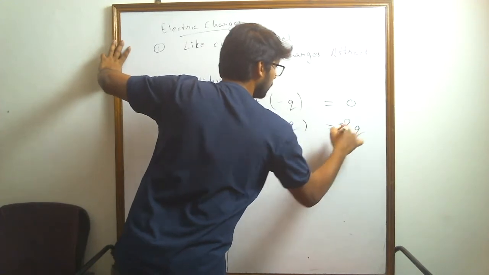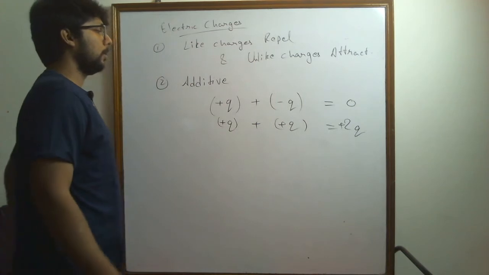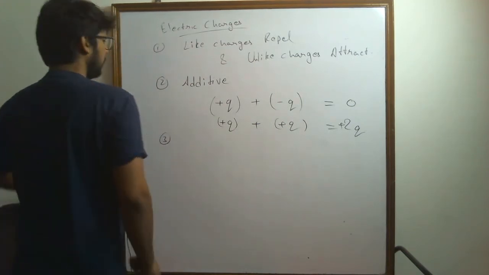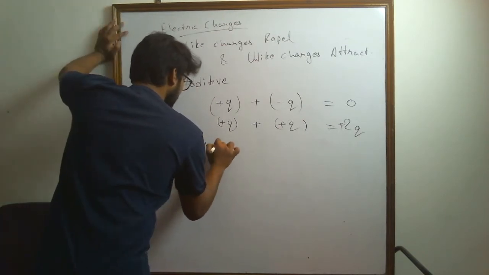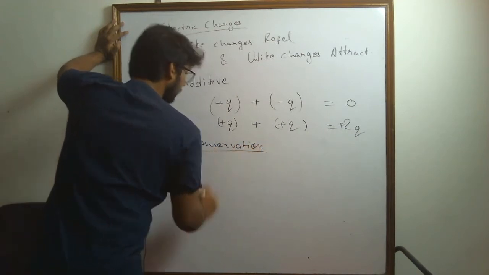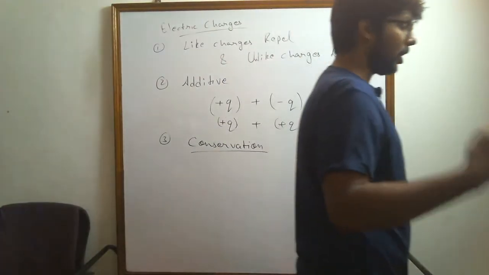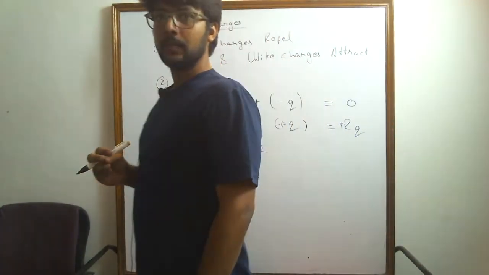So this would be the total charge on the body if we added 2 plus Q charges. Third, and this is a very important one, is conservation. Conservation of charges essentially means that charges can neither be created nor destroyed, right?